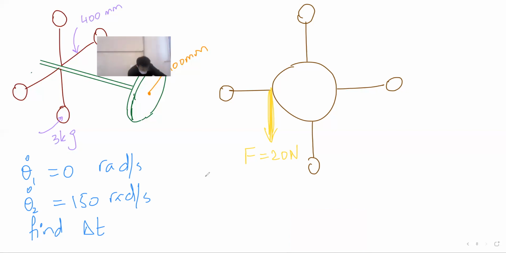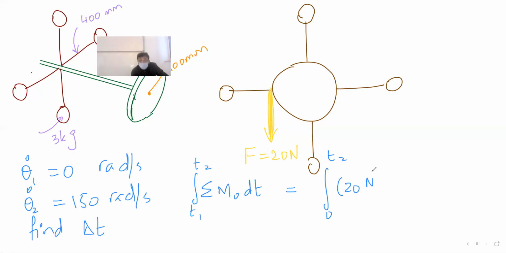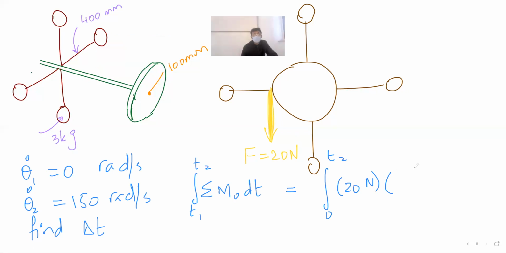Okay, I will. So integral T1 to T2 summation of M_O dt equal to, who has the stopwatch? We have the stopwatch. T2, 20 Newton multiplied by, so now I will put 100 millimeter.